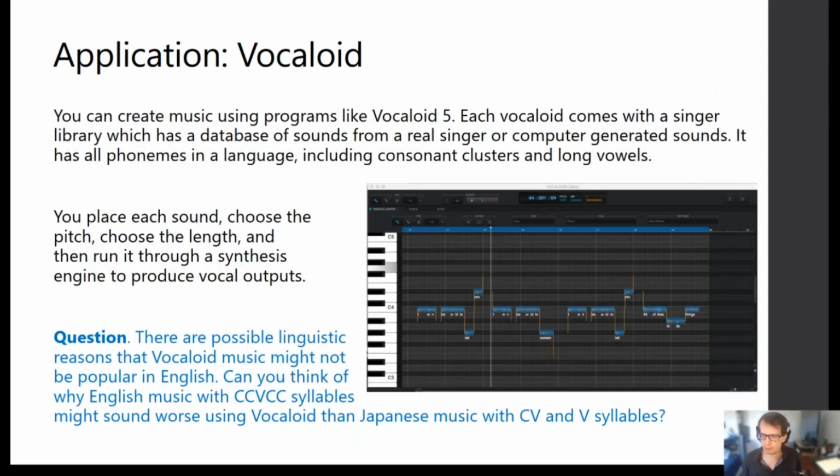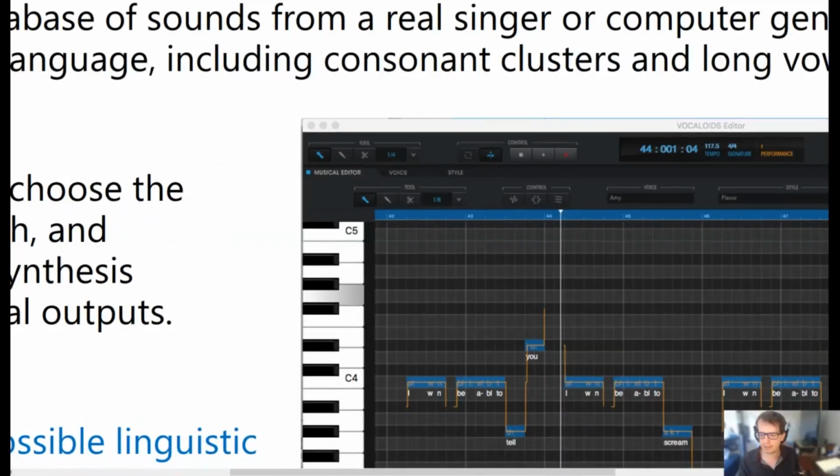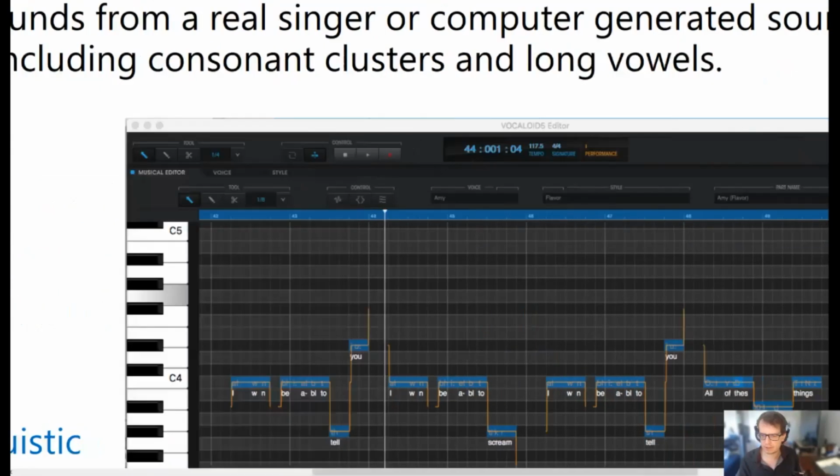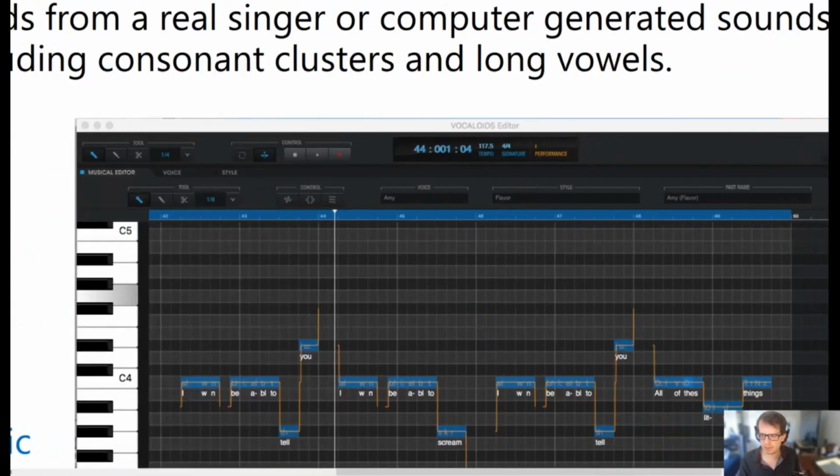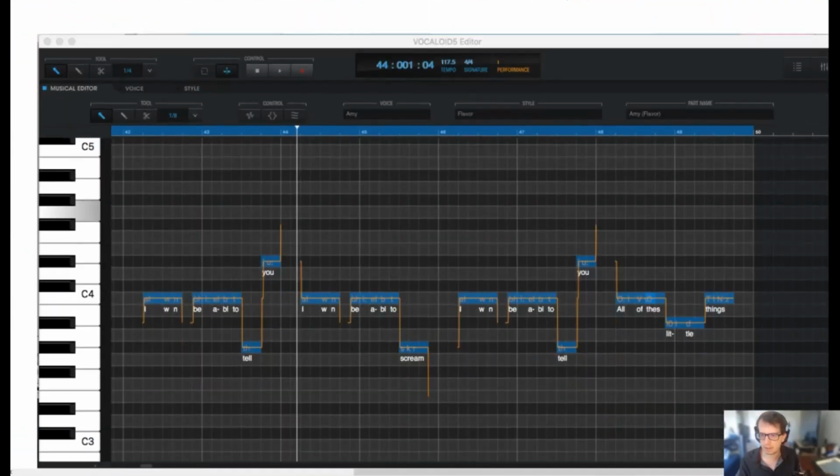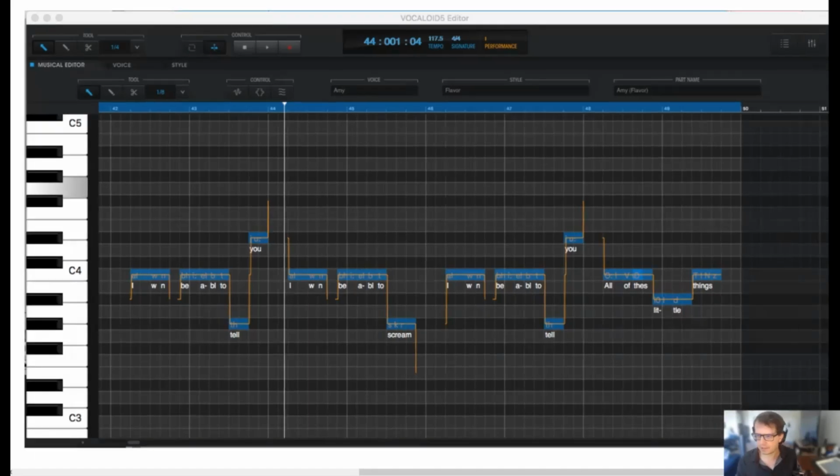So here's sort of what the program looks like. And this text just talks about how you can manipulate things like pitch and intensity and stuff. So it looks like a music program. So you can determine the key, you can determine the sounds.